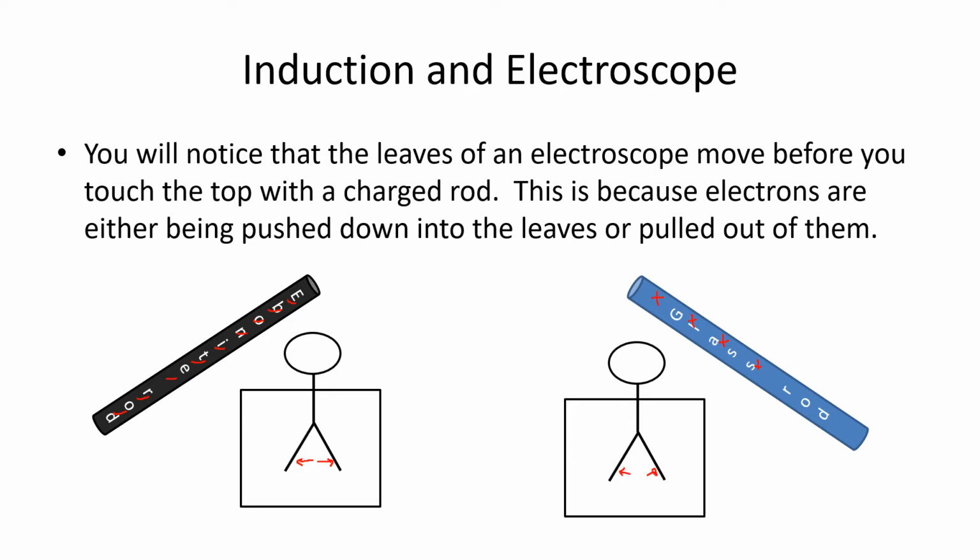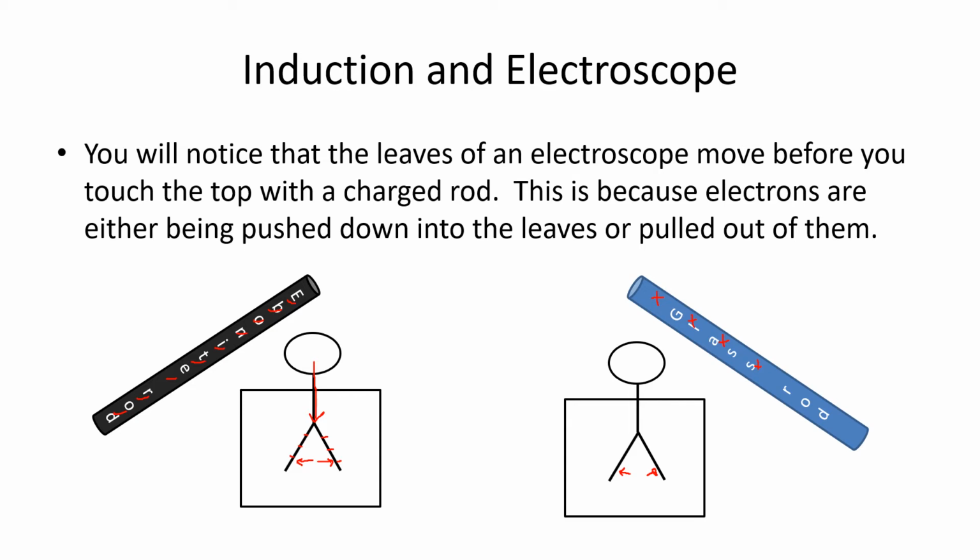So in both cases, there is a charge being produced down here on these leaves, but it's the opposite process in each one. With the negatively charged ebonite rod, it's going to push electrons away from the rod down into these leaves, and the leaves will have a temporary negative charge, and you'll see the leaves separate from each other.